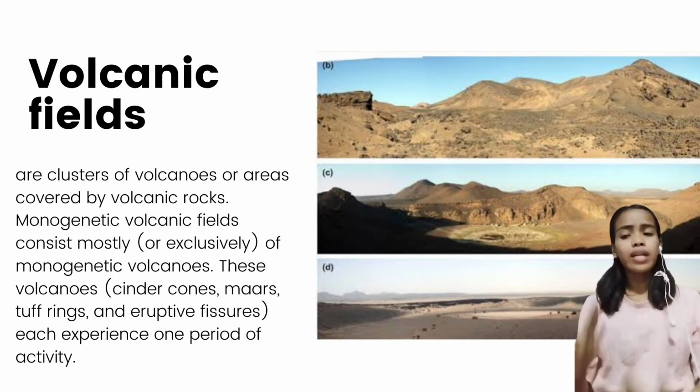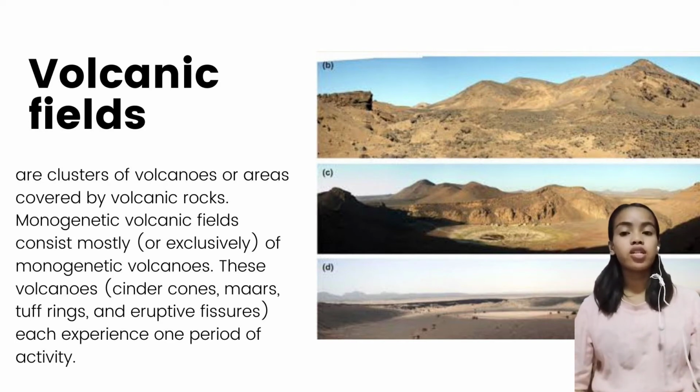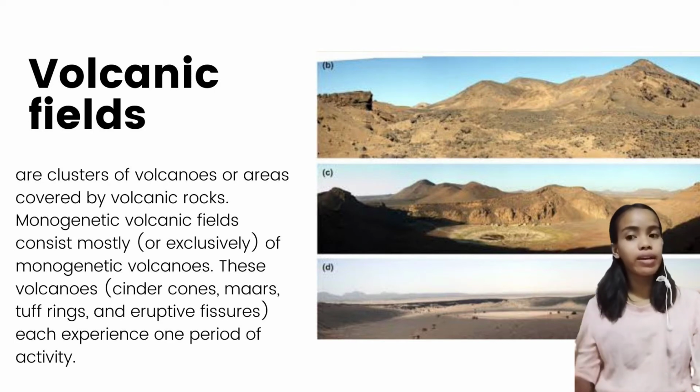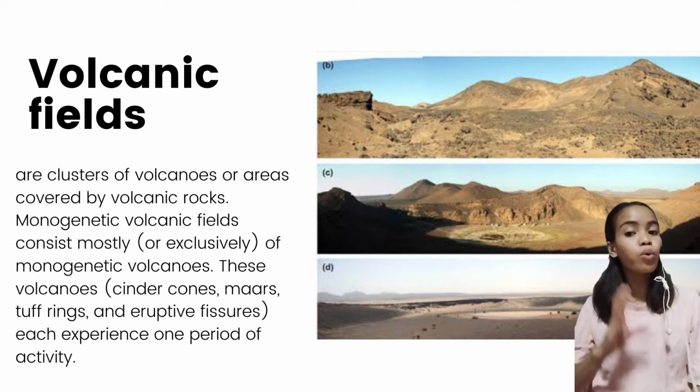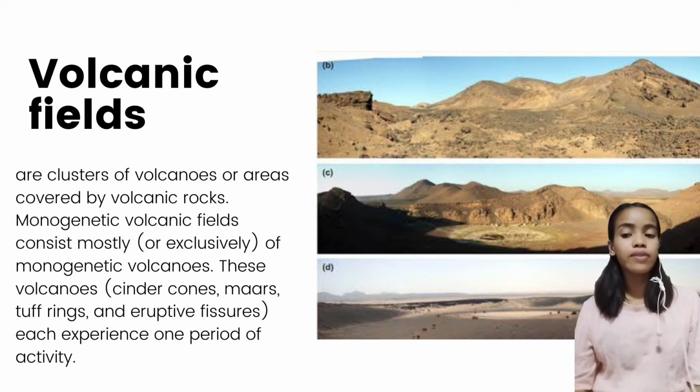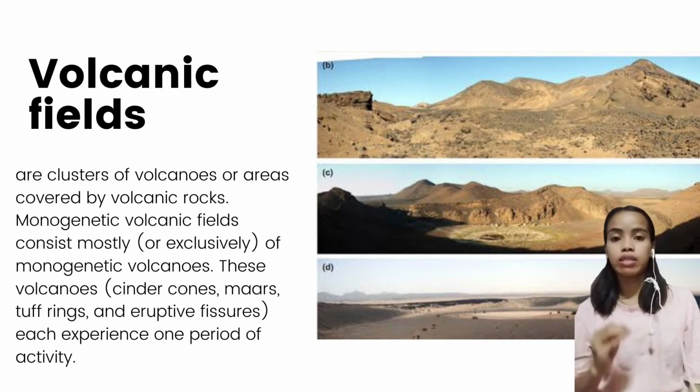So volcanic fields are clusters of volcanoes or areas covered by volcanic rocks. Monogenetic volcanic fields consist mostly or exclusively of monogenetic volcanoes. These volcanoes, cinder cones, maars, tuff rings, and erupted fissures each experience one period of activity.